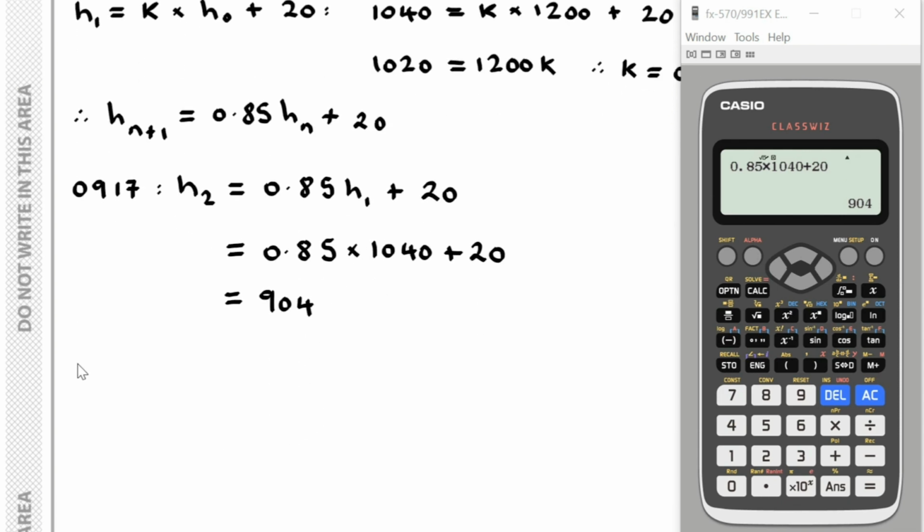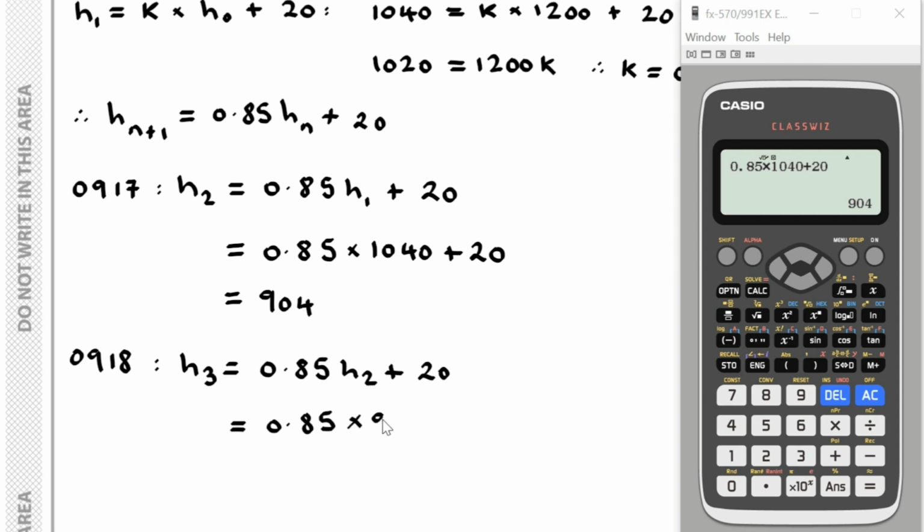And then at 9:18, which is what we're after, h3 is equal to 0.85 h2 plus 20. So we've got 0.85 times 904 plus 20.